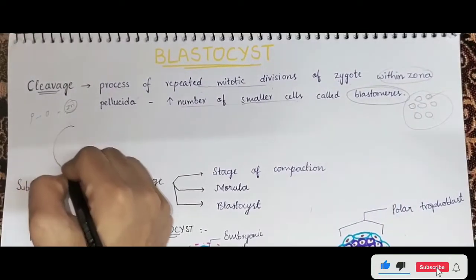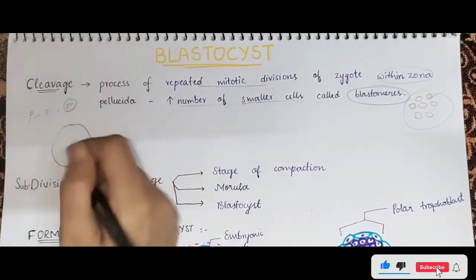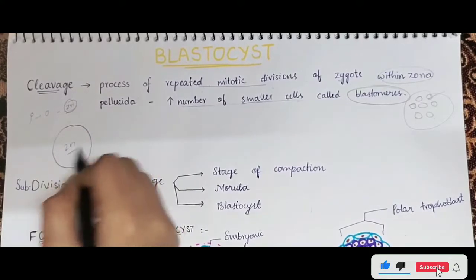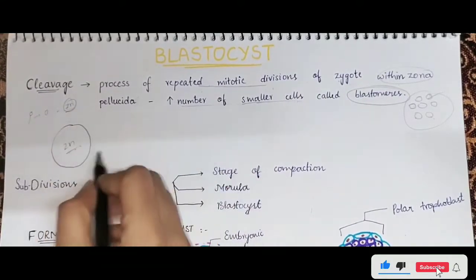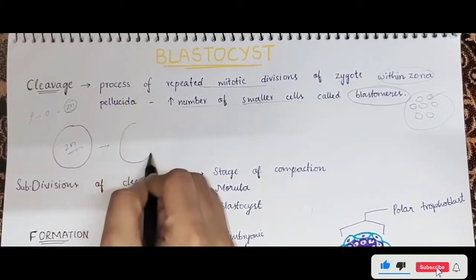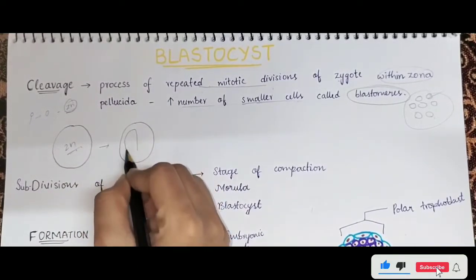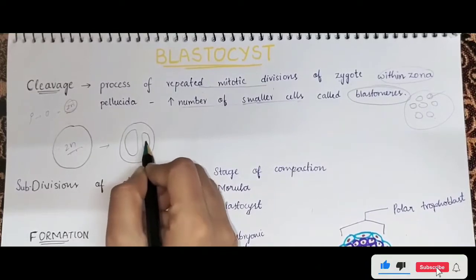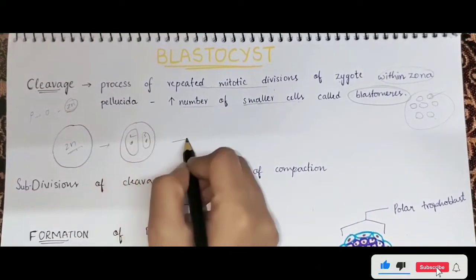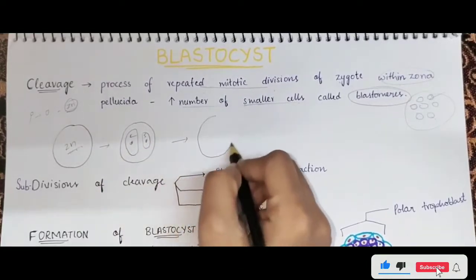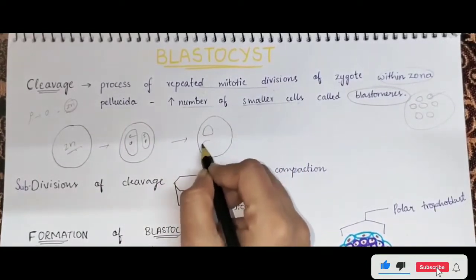So this is a diploid zygote, which means simply after the fertilization. It starts its division as a larger cell and a small cell with its nucleus, and this larger cell divides and forms two smaller cells.